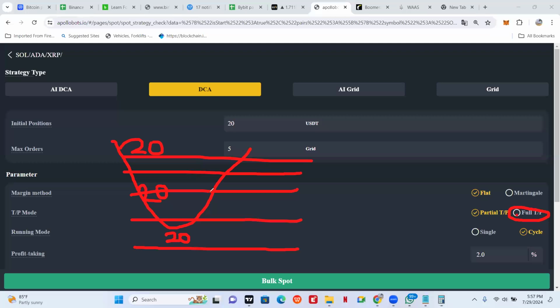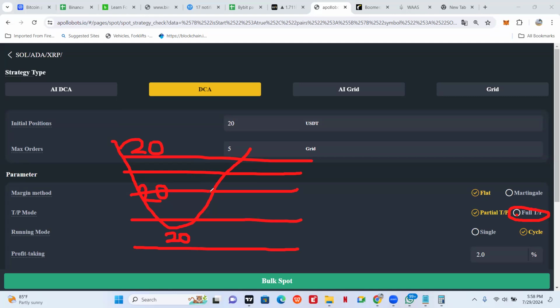What it's doing is bringing your average price closer to the market price, because as you buy deeper, what happens? Your average price begins to change, because it is now tending towards the market price.